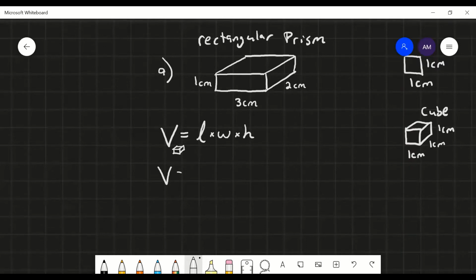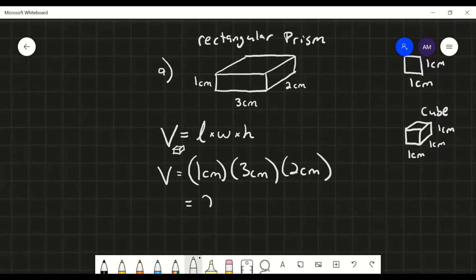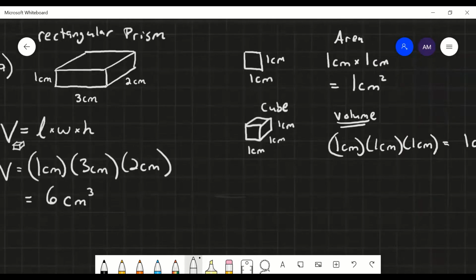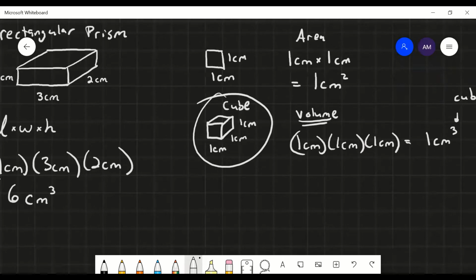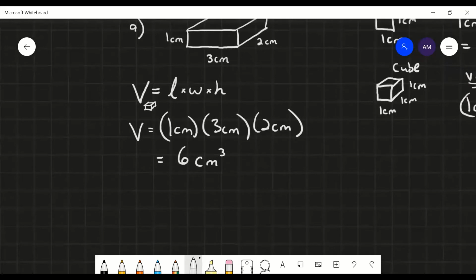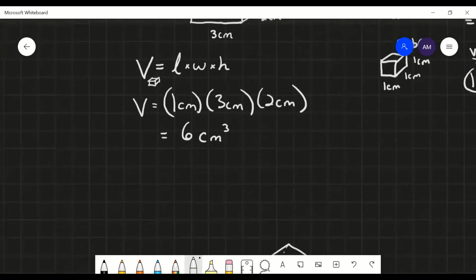So I'm just going to put the 3 lengths that I see here, which are 1 centimeter times 3 centimeters times 2 centimeters. 1 times 3 times 2 is 6. And centimeter times a centimeter times a centimeter is a centimeter cubed. So it turns out this shape can fit 6 of these cubic centimeters in it. That's how we get 6 centimeters cubed, or 6 cubic centimeters. And this is our final answer.